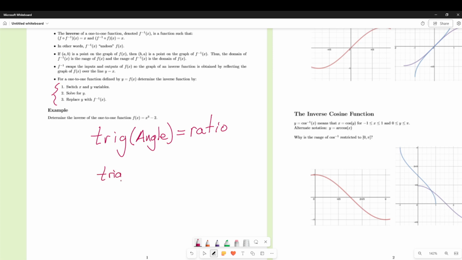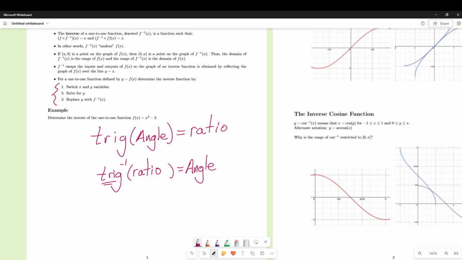Thus, our inverse functions, the trig inverse functions, have to undo that. So they have to do the opposite thing. They have to take in a ratio and give back some angle depending on which trig function we're looking at. So as you look at your inverse functions, I want you to keep that in mind.